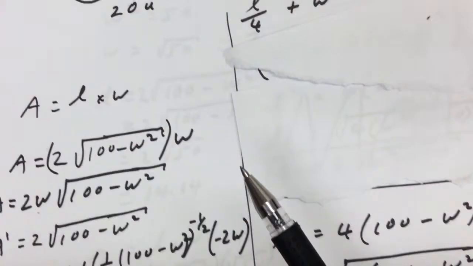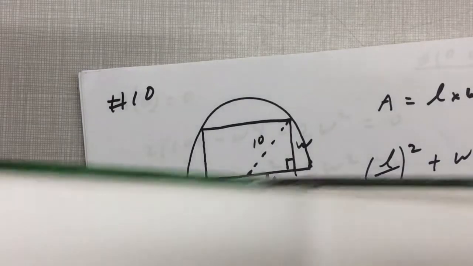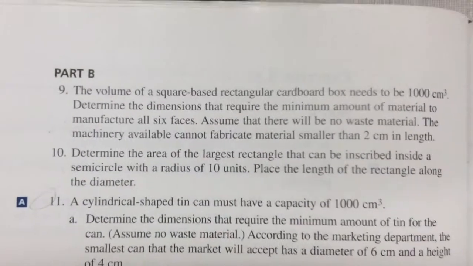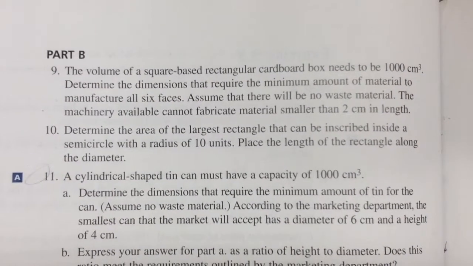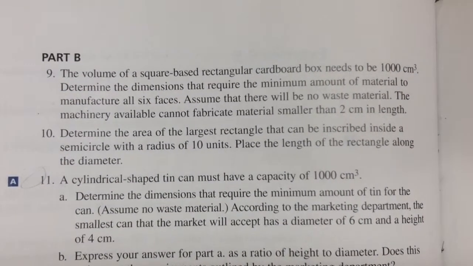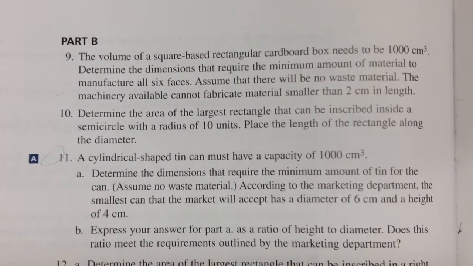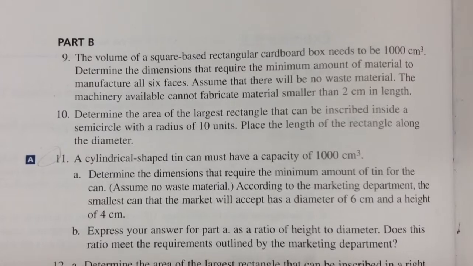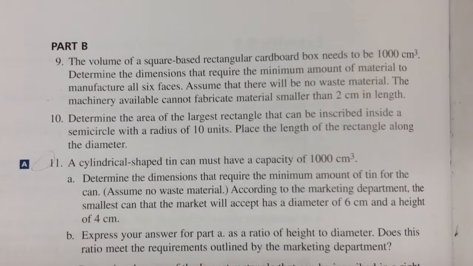This next one is number 10. It says: determine the area of the largest rectangle that can be inscribed inside a semicircle with a radius of 10.